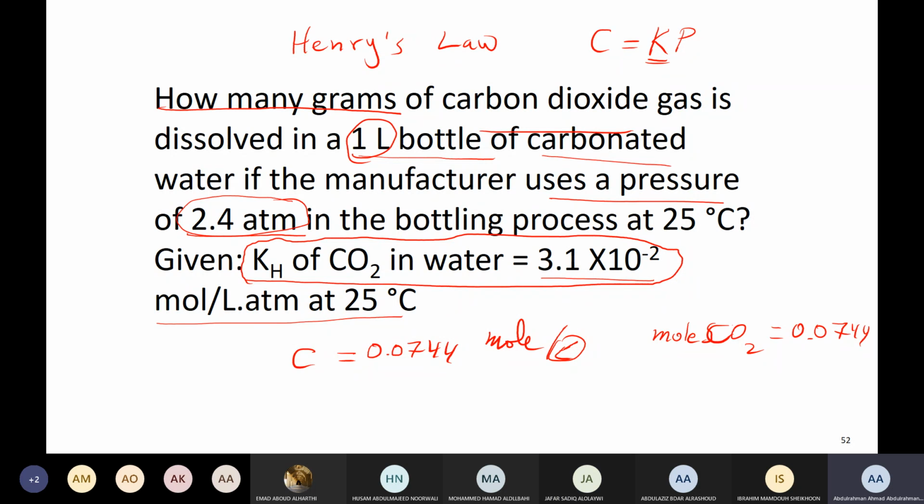Can you change it to gram? Multiply by the molar mass. What's the molar mass of CO2? I need an answer. 3.27 gram. I hope this is clear.